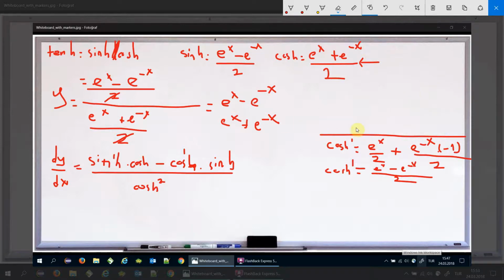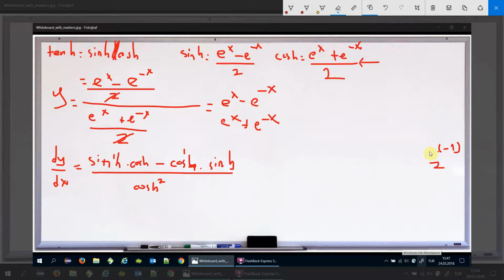Let me clear this part of the table. Remember, the derivative of sinh is equal to cosh times cosh, meaning cosh squared, and the derivative of cosh is equal to sinh, and sinh times sinh would be equal to sinh squared, over cosh squared.